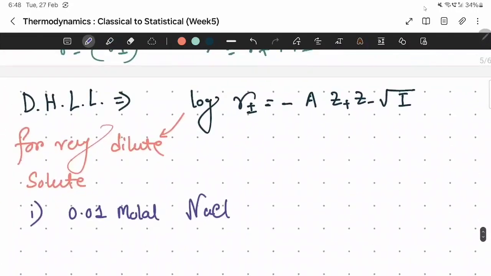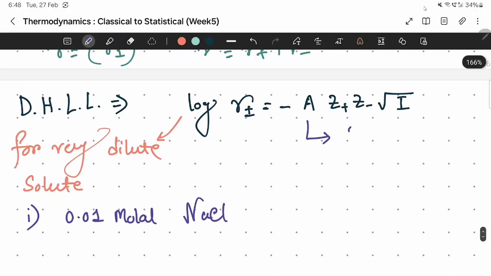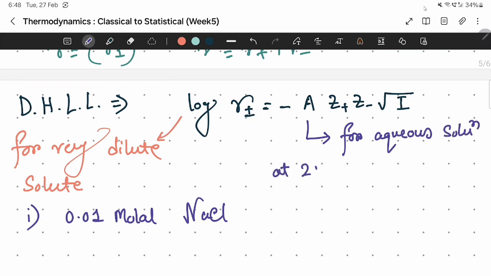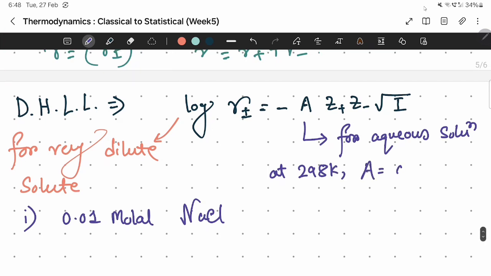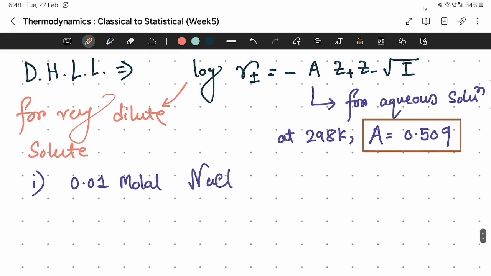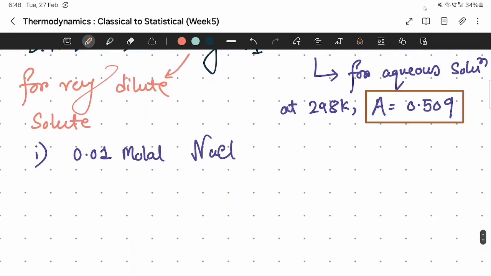So at 25 degrees for aqueous solution, at 298 Kelvin, A has a very specific value, that is 0.509. We have to remember this value, because if this condition is given, aqueous solution and 25 degrees, then it will not be provided. Always keep this value in mind. That's why it is not provided in the question.